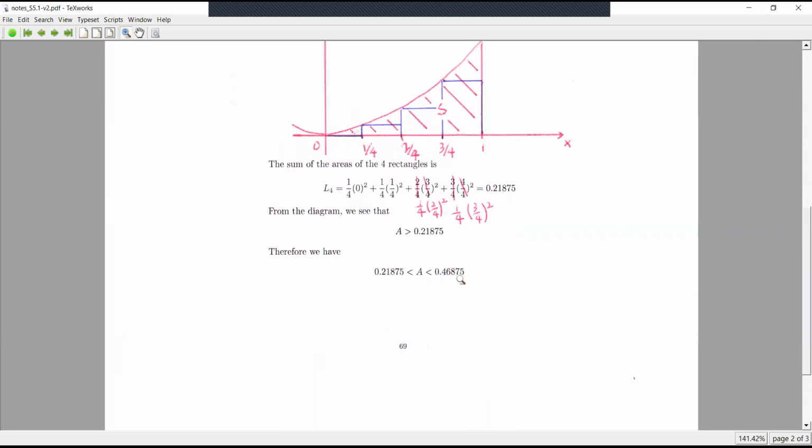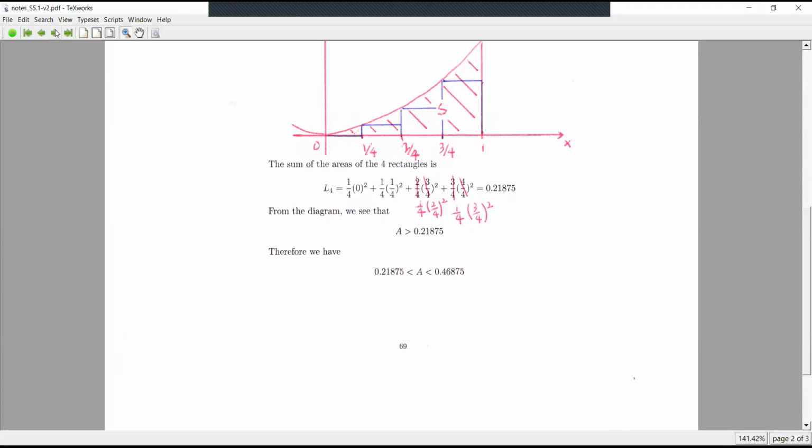These 2 numbers can be further improved if I increase the number of rectangles to approximate the region.